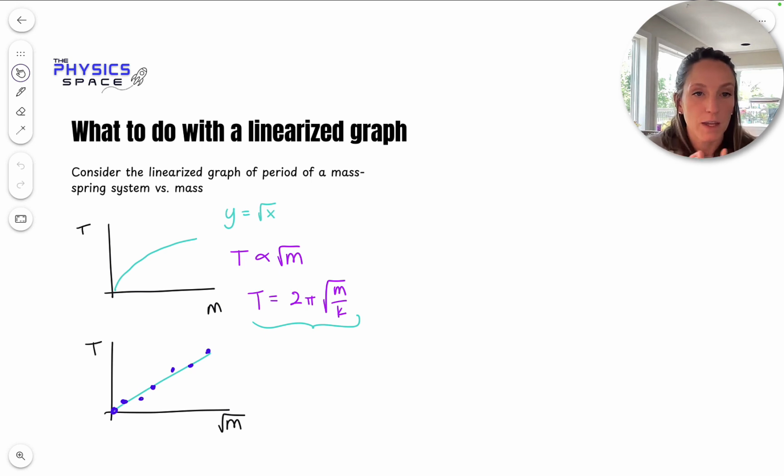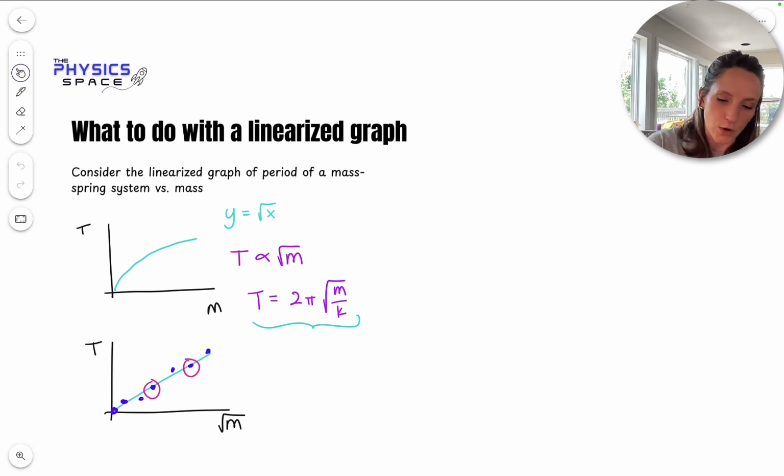All right, I have this linearized graph and I have my trend line. So first of all, for finding your slope, make sure you pick 2 points that are on your trend line. So I might pick, for example, because they lie on the trend line, this point here and this point here, and I find my slope.